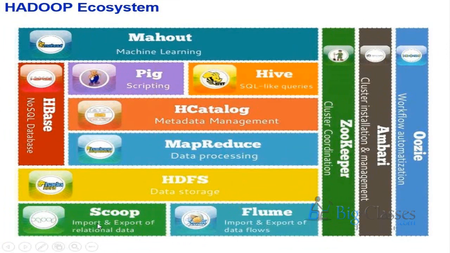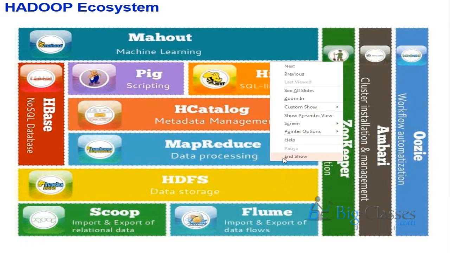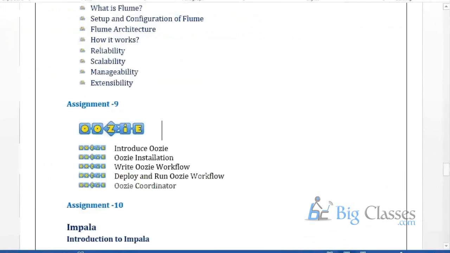First, Scoop needs to extract the data from the existing RDBMS system to HDFS. Then HDFS to MapReduce. Then the data will be used by HBase or Hive. Like this, we need to schedule which needs to run first and which last. To do such scheduling, we have an ecosystem component called Oozie.